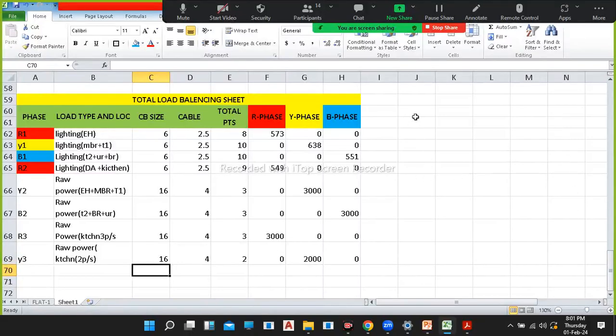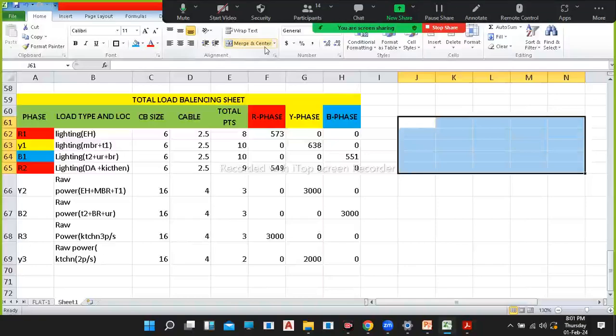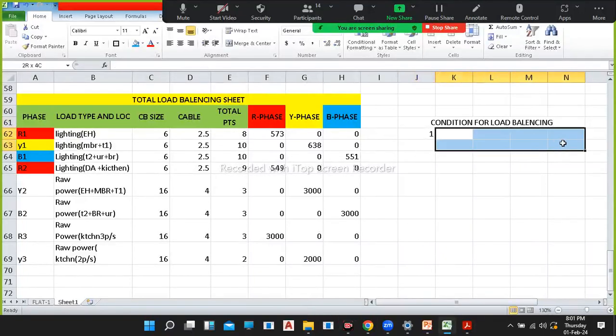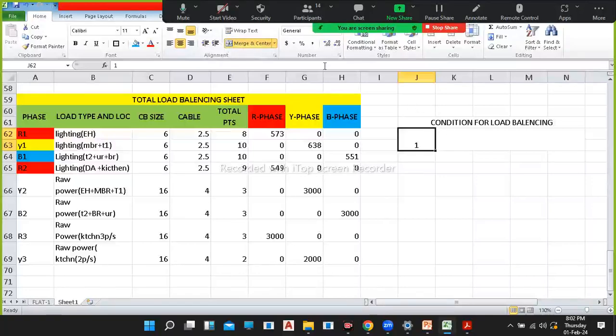Now, before going to do the AC, first of all, there are few conditions we need to remember. What are the few conditions? Let me write that. Condition for load balancing. First condition. This is not condition, but the standard which we need to maintain.